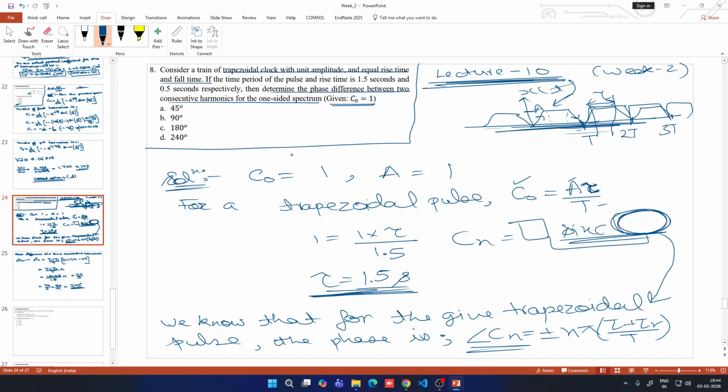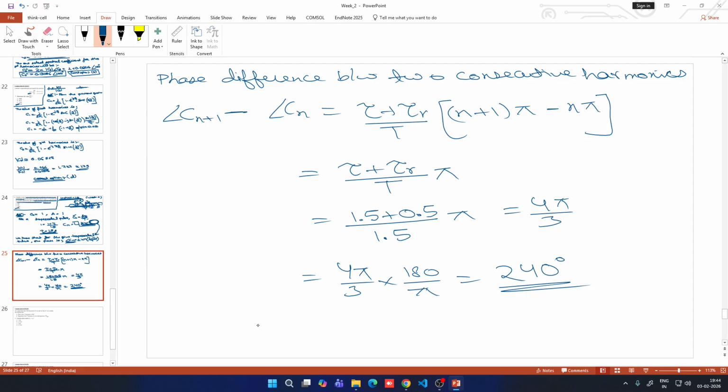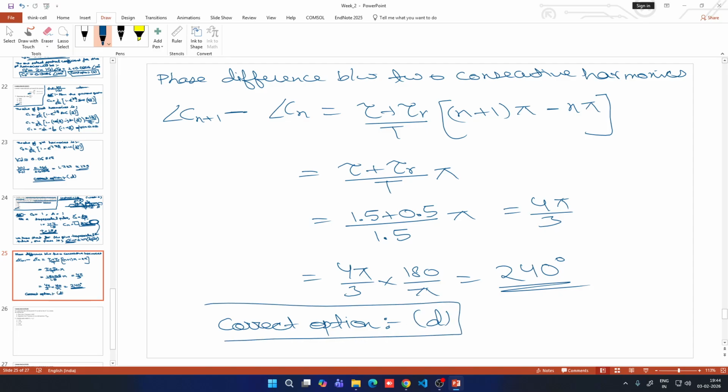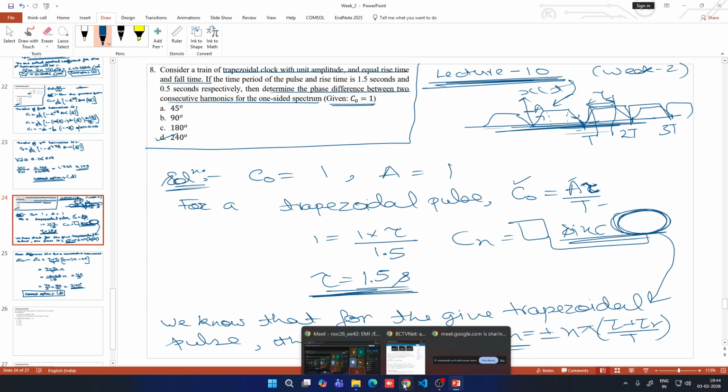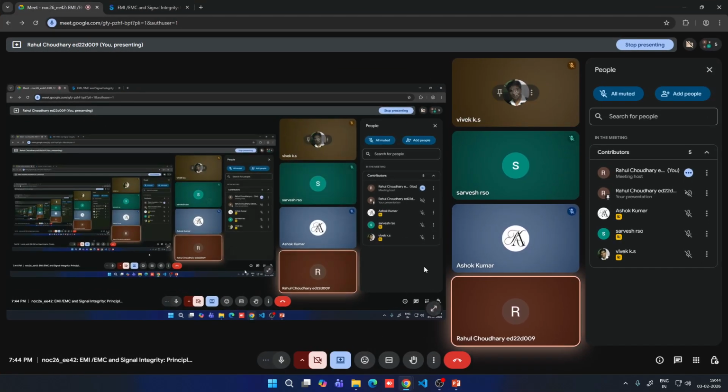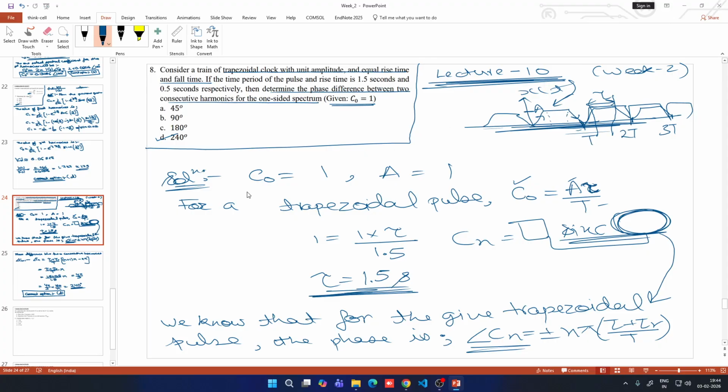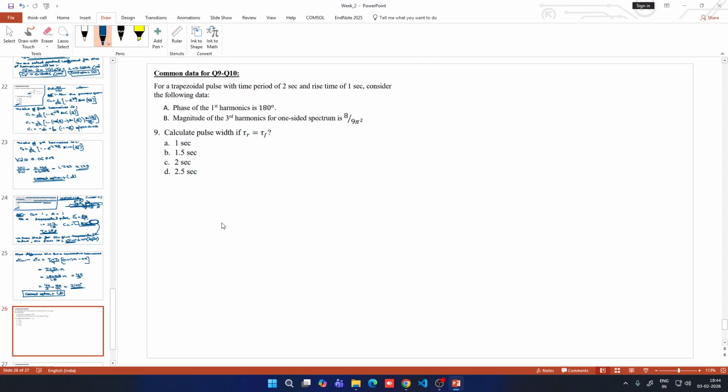If we match with the given options, the correct option is option D. I hope question number 8 is clear. If you have any doubt in question 8, please let me know. If this is fine, then we will move on to question number 9.